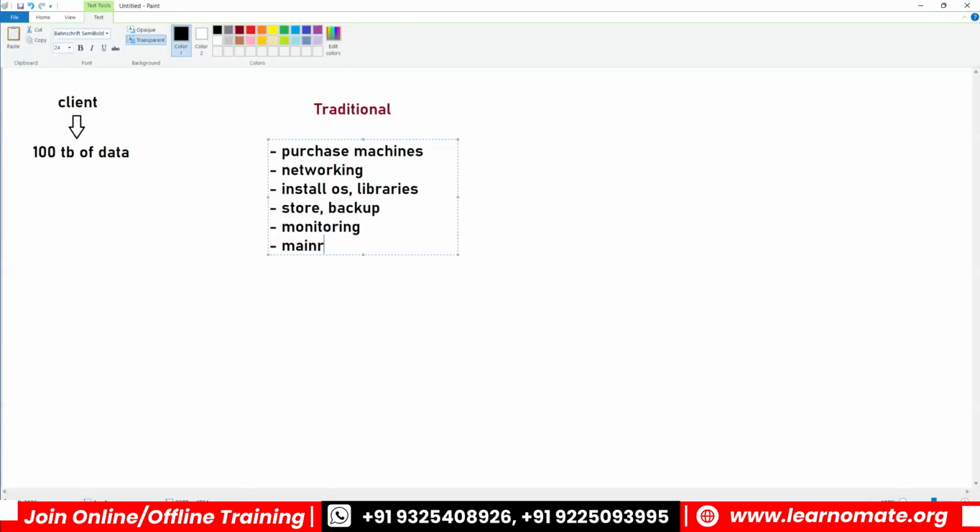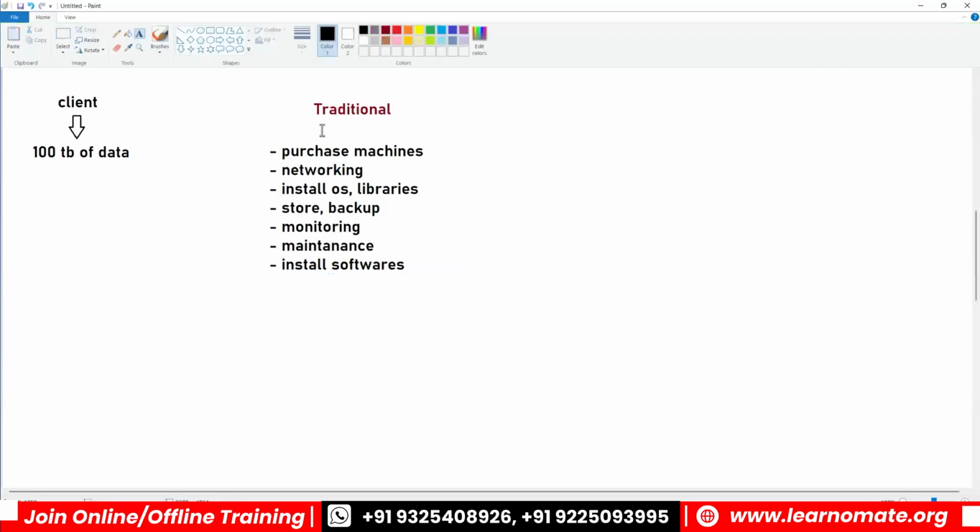And security also, yes. Then once everything is ready, you are going to install some kind of software to store the data. Once everything is ready as per the requirement and standard, you are going to store the data on top of this traditional system.